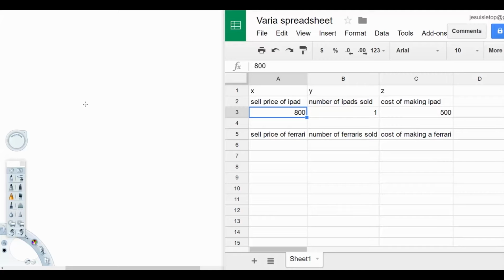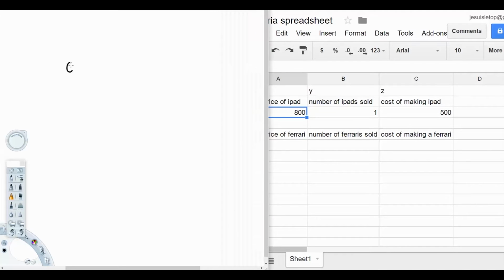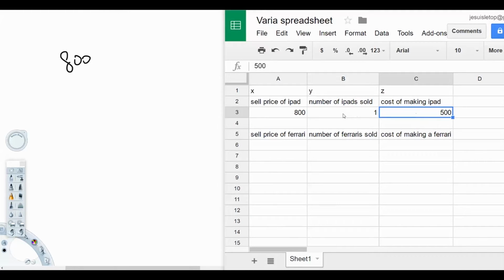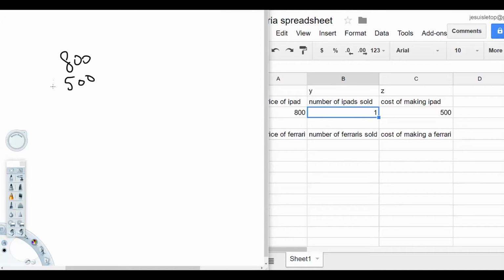So therefore you have $800 because you sold an iPad. And it costs you $500 to make every single iPad. So your profit is 800 minus 500, right? I paid $500 to make the iPad. I sold it for $800. I got $300 left over.